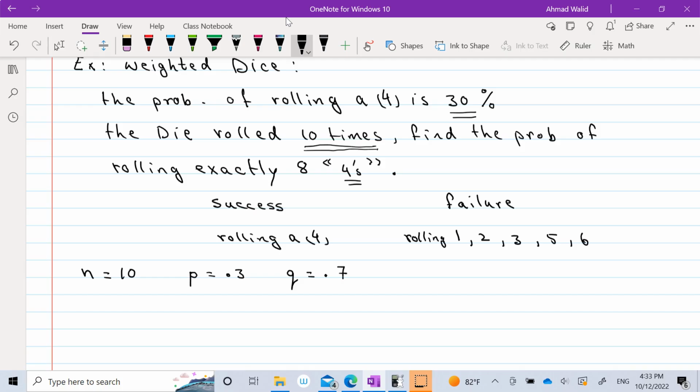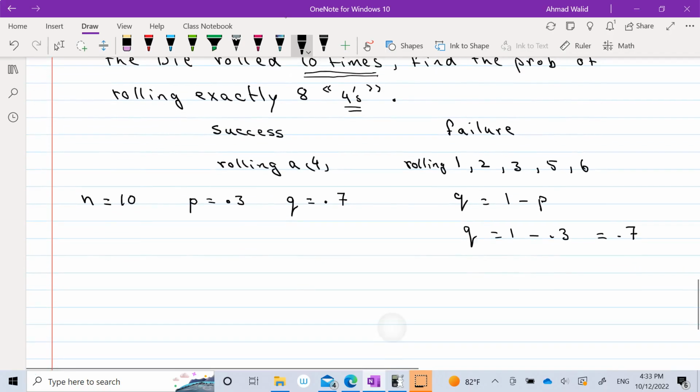Those of you who don't know how we got 0.7, we know that q equals 1 minus p. It means q equals 1 minus 0.3, which gives you 0.7, 70%. If 30% is the success, 70% will be the failure, correct?